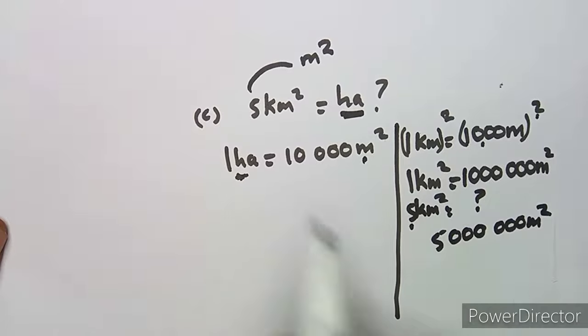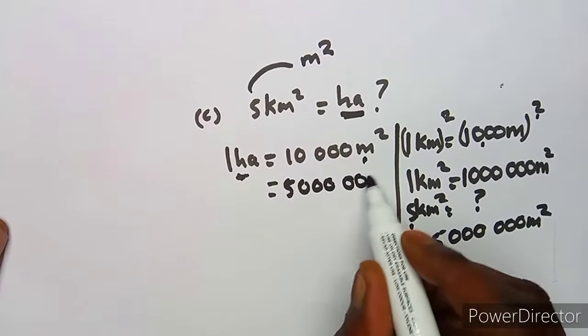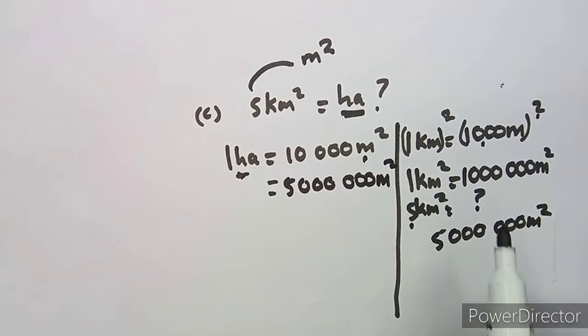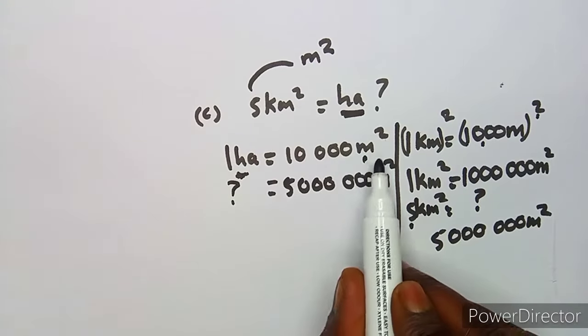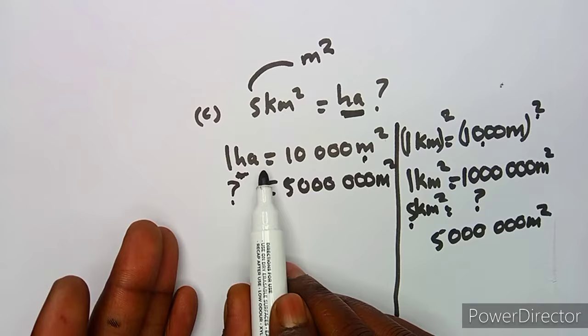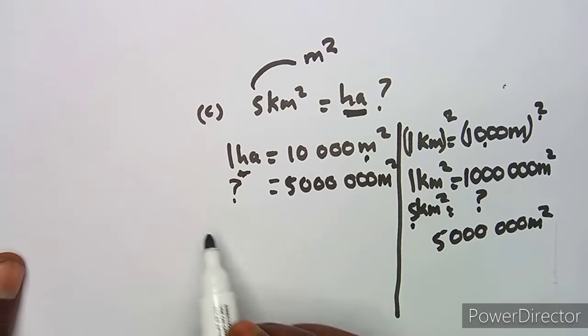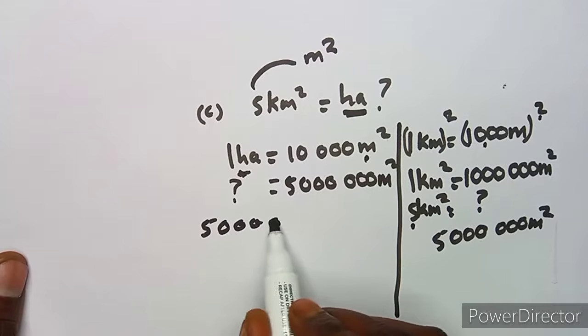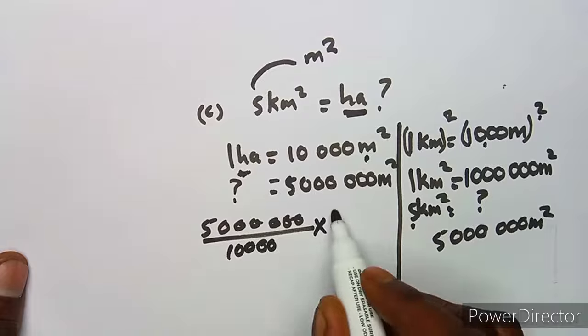So 5 square kilometers is equivalent to 5 million square meters. So how many hectares is that equivalent to? Because it's now easier. Using simple proportion, guys, it's going to be 5 million over 10,000 multiplied by a hectare.